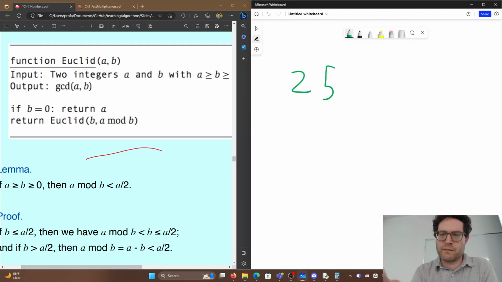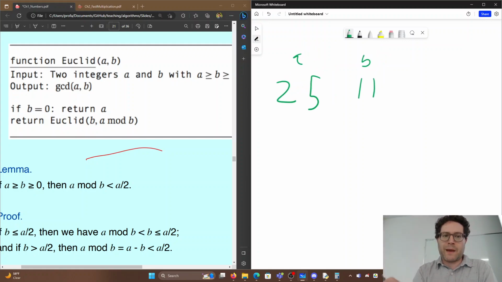Let's do one that we'll see a few times: A is equal to 25, B is equal to 11. Nice and easy for us to compute. They're not too big numbers, right? So we pass in A and B. In this case, what we want to return is, if B is equal to 0, return A. It is not, so now we call with B and A mod B.